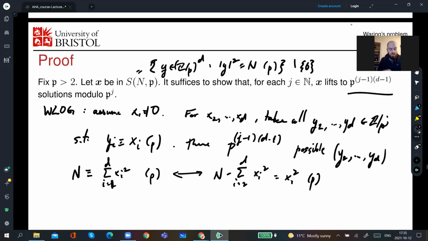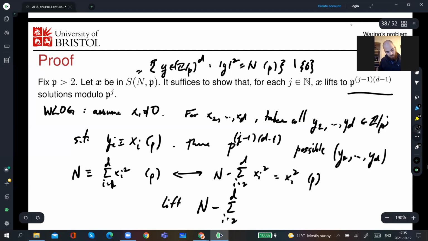And because x1 is non-zero, we know that this is not congruent to 0 mod p. We want to lift this to n minus the sum from i equals 2 to d of yi squared congruent to, let's say, y squared. It's this equation we want to solve, mod p to the j, where y can be congruent to x1 mod p.